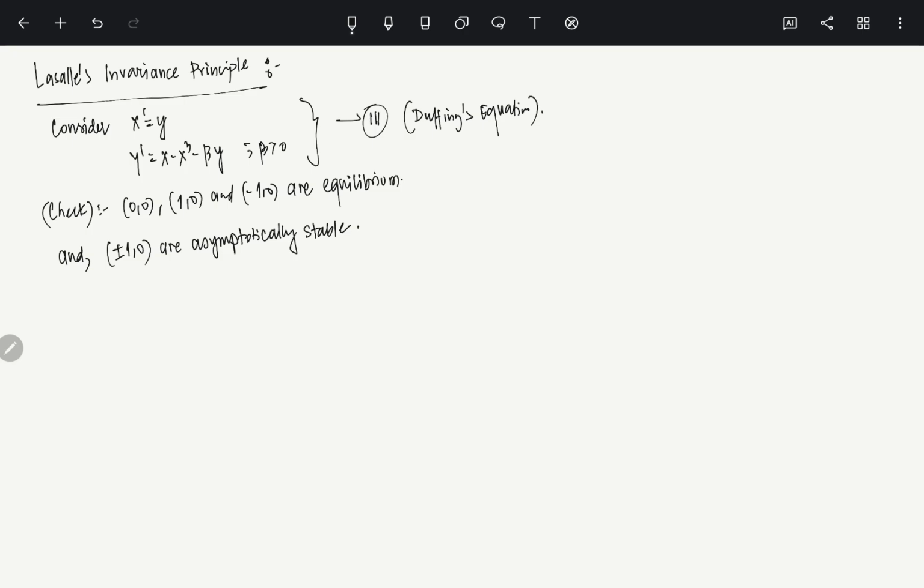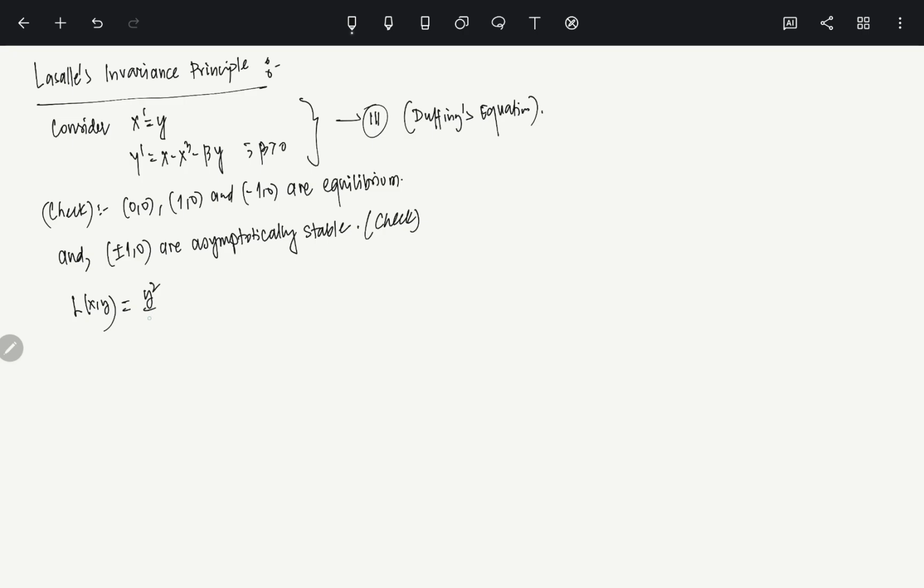So what we can do is propose a function, let's say L of xy. See, plus minus 1 is asymptotically stable. How do we know it? Please check this part; we can use the stable manifold theorem. But for now, let's look at this using Lyapunov. Let's construct this function L of xy, and for now let's propose it like this.